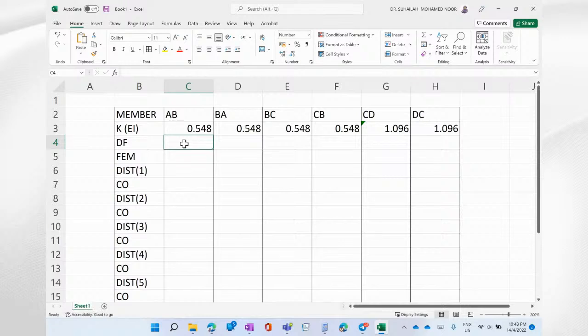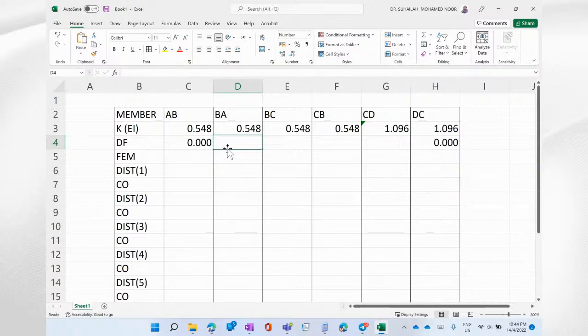Distribution factor for N fixed is 0. Okay, we have both N fixed, A and D, 0. To calculate the distribution factor, we use a simple formula. It is member stiffness divided by total joint stiffness.